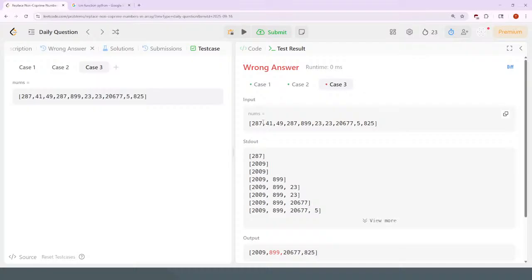Okay, so the first pass, 287 and 41. Man, this logic is confusing.